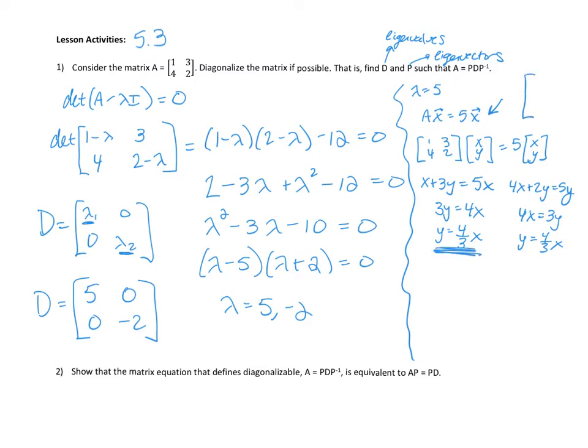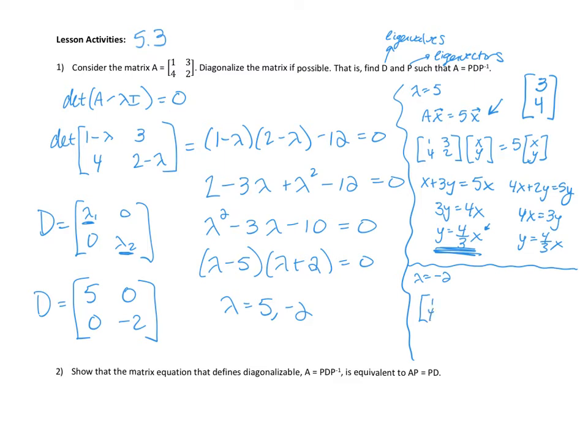So I think I will choose x to be 3. And then when I put a 3 in for x right here and get y, that means y would be 4. So that's one of my eigenvectors. Okay, and then the other one, lambda equals negative 2. I need to solve AX equals negative 2X.